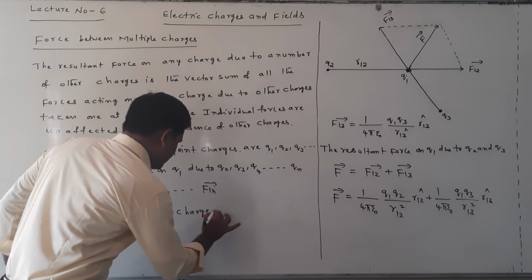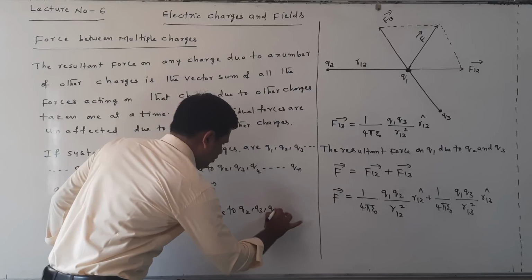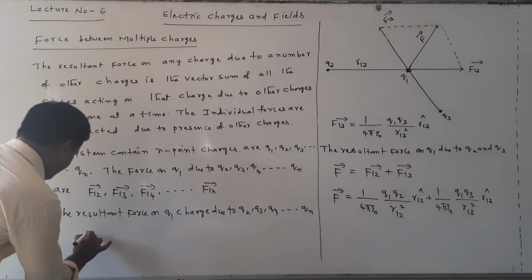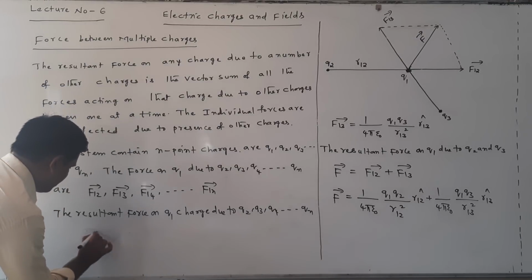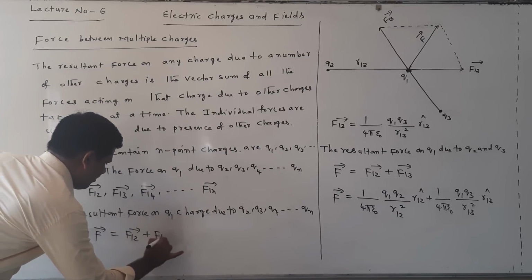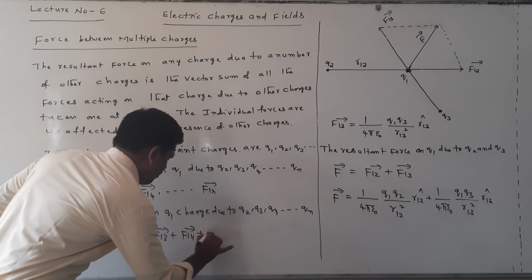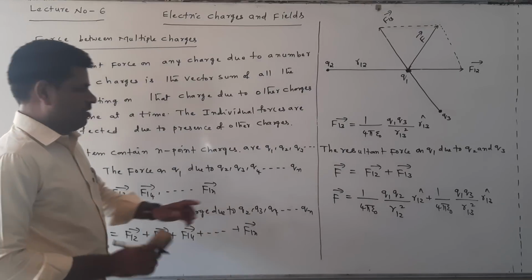The resultant force on Q1 charge due to Q2, Q3, Q4, so on Qn. That resultant force can be written as F bar is equal to F12 bar plus F13 bar plus F14 bar plus so on F1n bar. We can write like this.